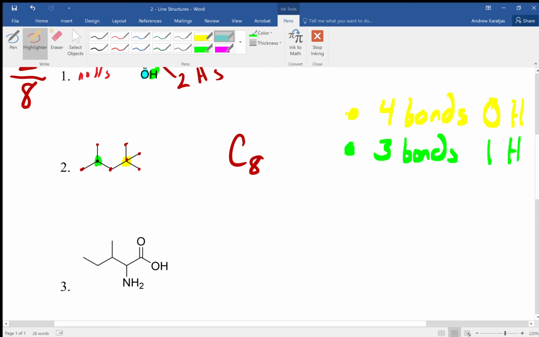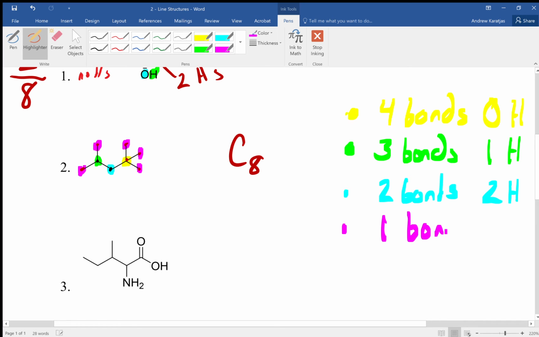What about carbons with 2 bonds to other carbons? Well, we have one of those right here. 2 bonds, therefore 2 hydrogens. And finally, these last 1, 2, 3, 4, 5 atoms all have 1 bond only, and therefore they have 3 more bonds that are hydrogens.